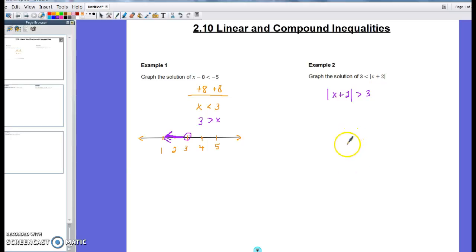This example is an absolute value inequality. And whenever you have an absolute value inequality, you're going to set up 2 inequalities in order to solve it. Okay, the first one, you're just going to take it out of the absolute value symbols and leave everything else exactly the same.